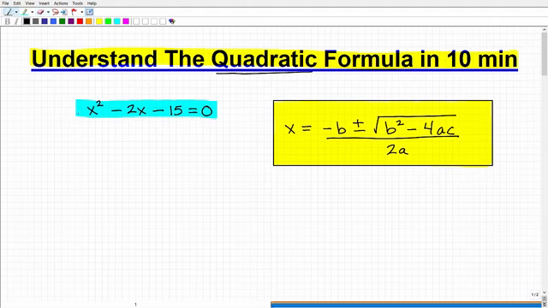All right, so here we have a polynomial equation, quadratic equation, a degree 2 polynomial, and the way we're going to approach this problem using the quadratic formula is first, we want to write this in what we call standard form. And that means it's from the highest power to the lowest power, and that's generally a number. So here you can see that this already is written in that form.